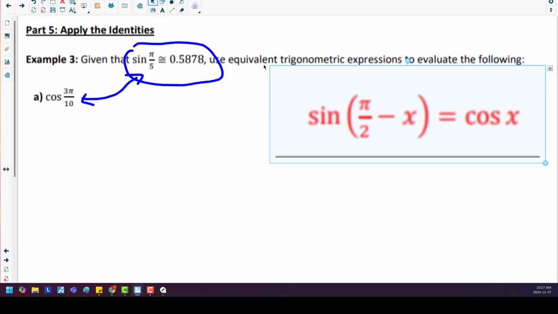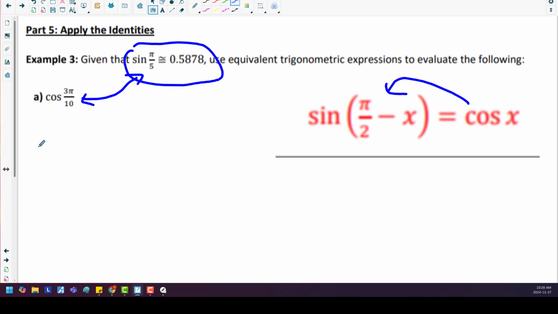We know cos 3 pi over 10 is cos x, where x is 3 pi over 10, so we're going to rewrite it in terms of sine. So this is equal to sine of pi over 2 minus 3 pi over 10.